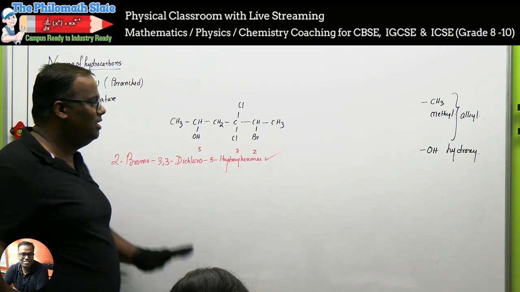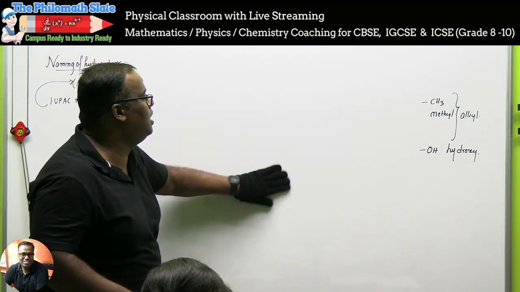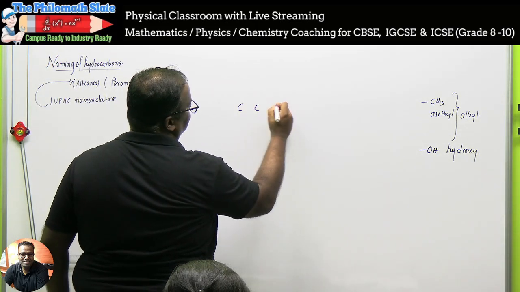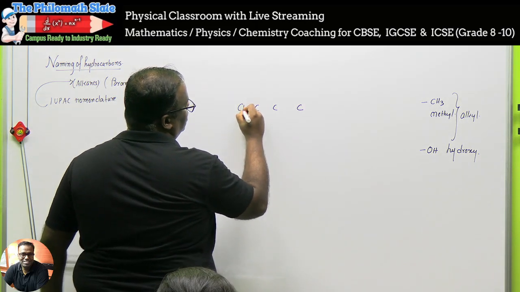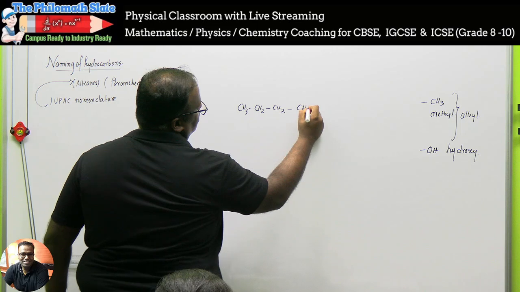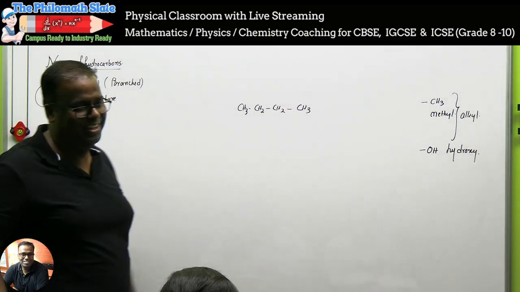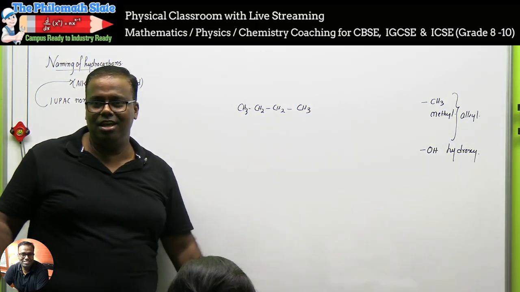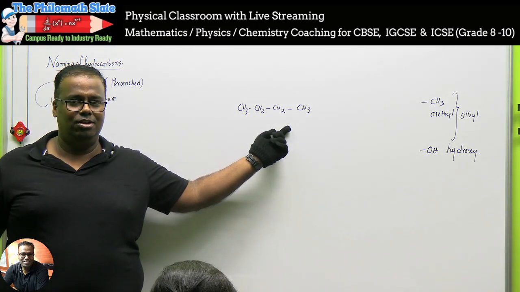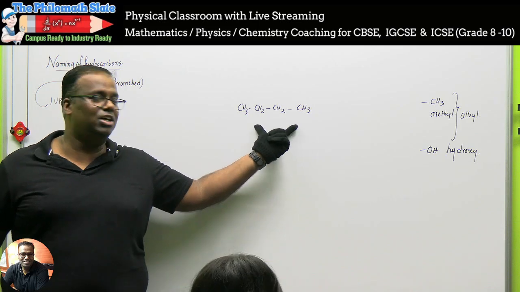ठीक है, ये हो गया? समझ में आया बच्चा? चलिए, अब आप एक कंपाउंड को नेम कीजिए, ये आपको जानना चाहिए, and it will be very easy for you now. चलो, इसको नेम करो तो बेटा. I could not have given you simpler than this. Name this. What is this? Hey, come on! Don't tell me you don't know the name of this. अरे इसका नाम नहीं जानते हो?